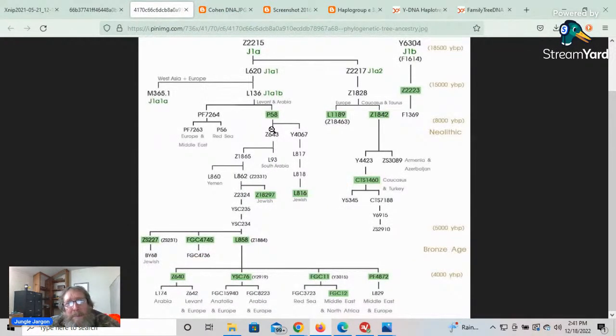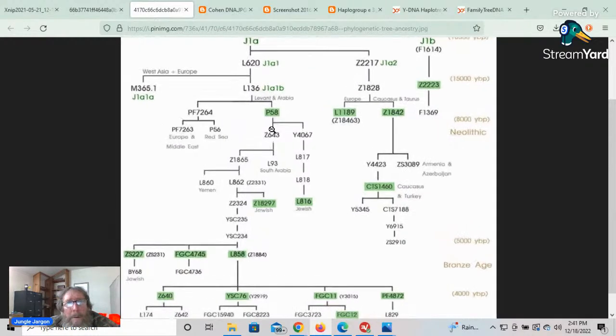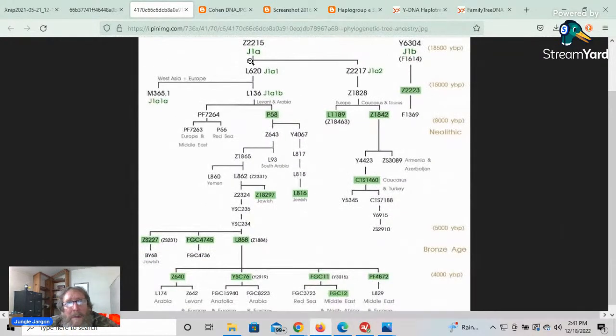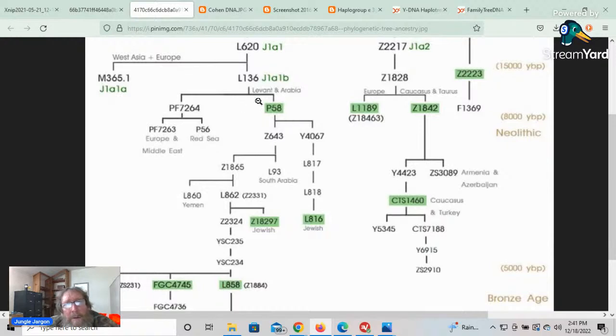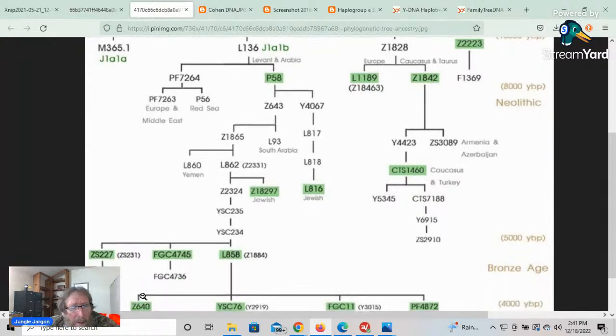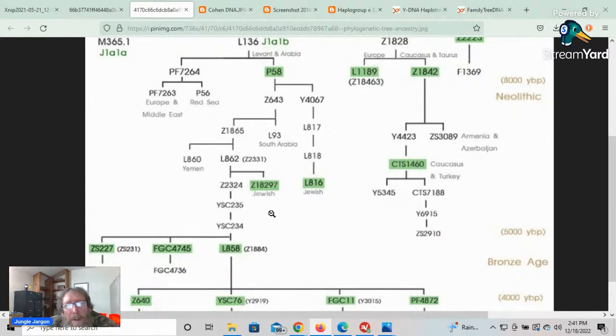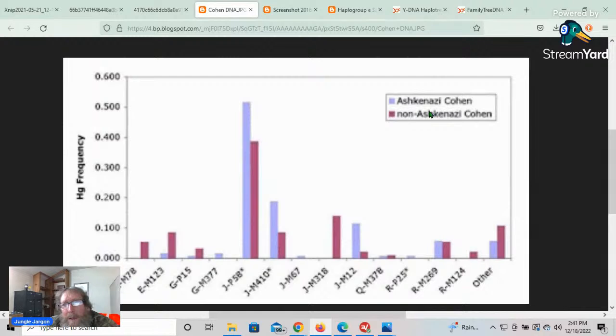So it turns out that this P58 is a J1A, of course. Now this J1A P58 turns out to be the Cohen modal haplotype. So all these people here, which is Jewish, are probably the descendants of Aaron, because of all the Ashkenazi Cohen they tested and the non-Ashkenazi Cohen they tested.